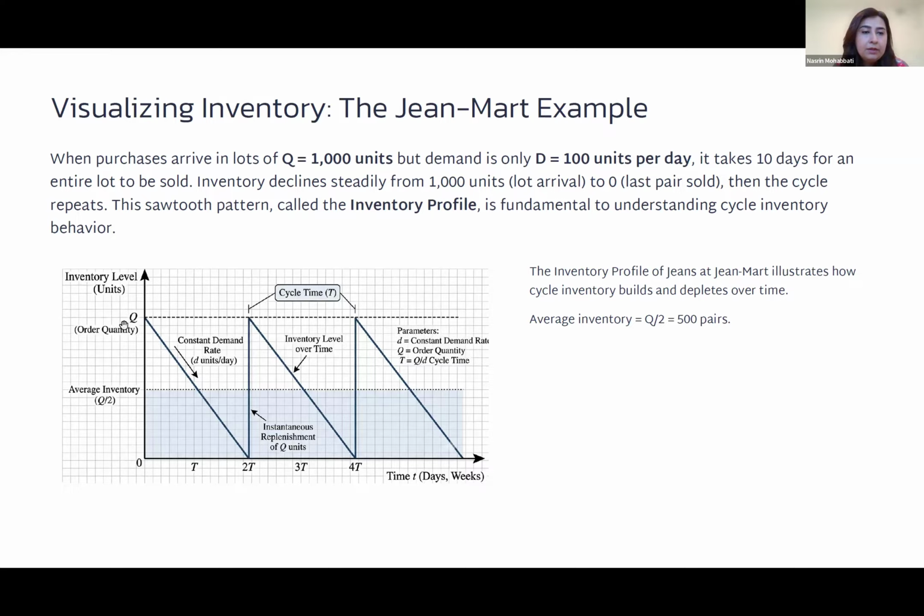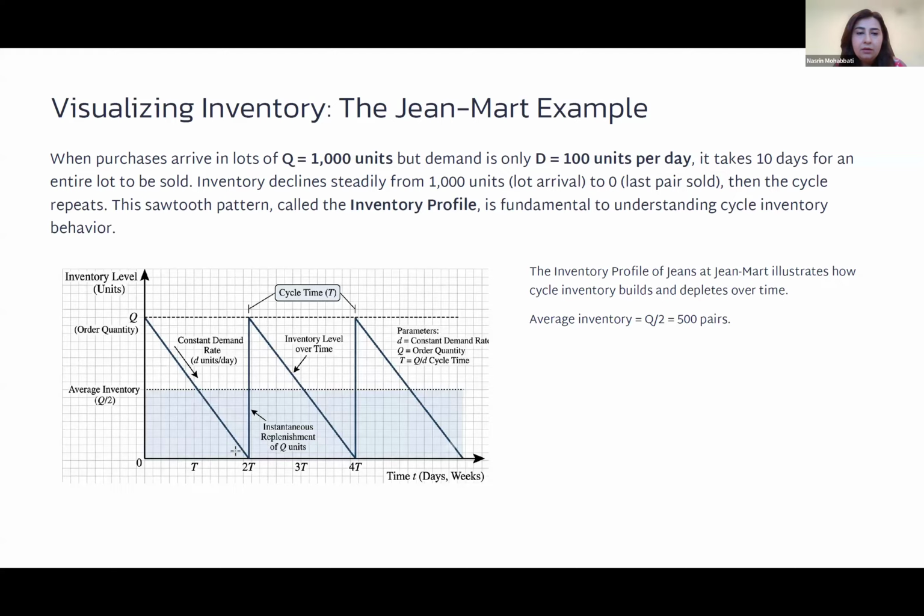At some point in our system, we have Q amount of inventory. At some point in time, we have zero. So basically what we do, we sum them up and divide by 2. Q plus 0 divided by 2 is the cycle inventory, the average inventory we keep in our system, and that's where this formula came from.